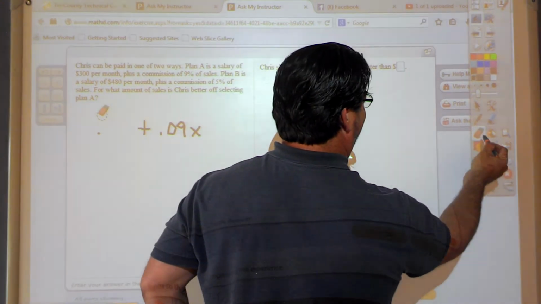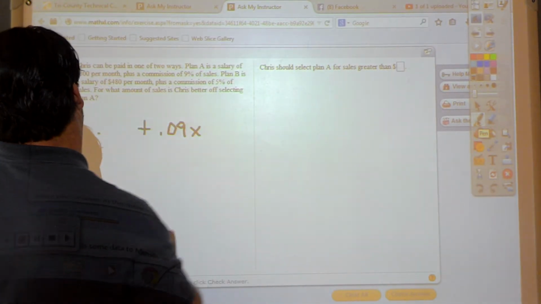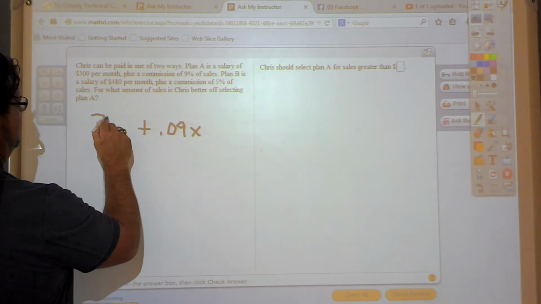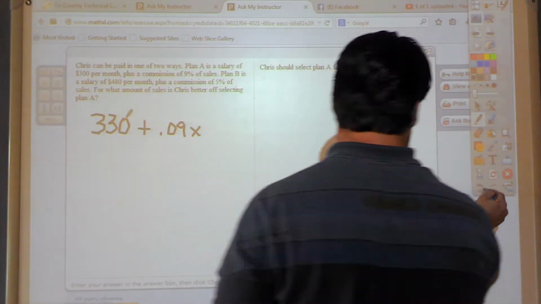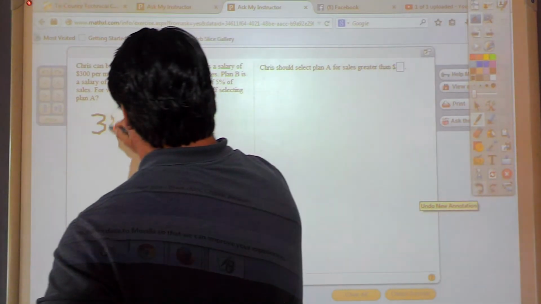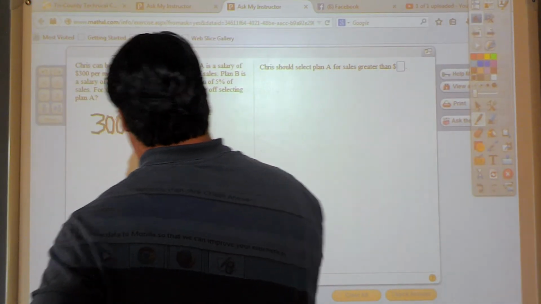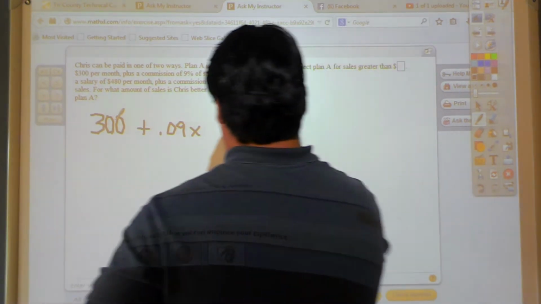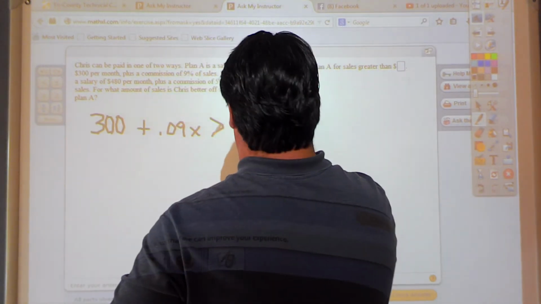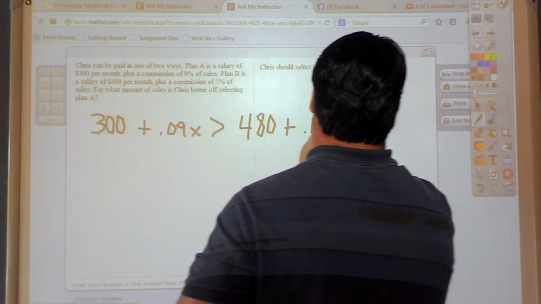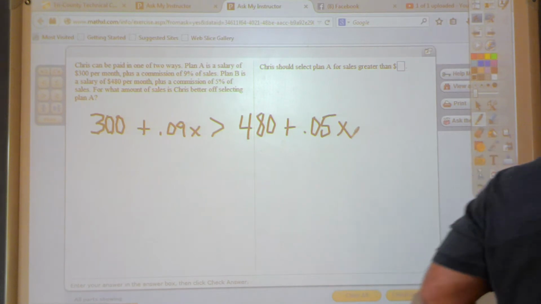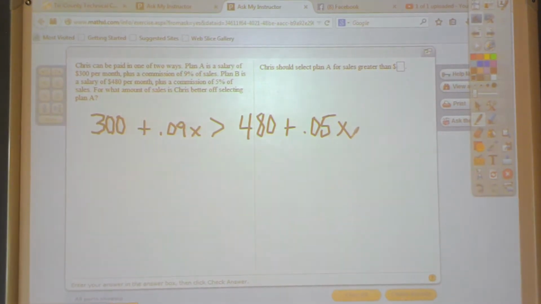No, it's 0.09x. 300 plus 0.09x is greater than 480 plus 0.05x. There you go. Now you know I'm gonna do something first before I start.